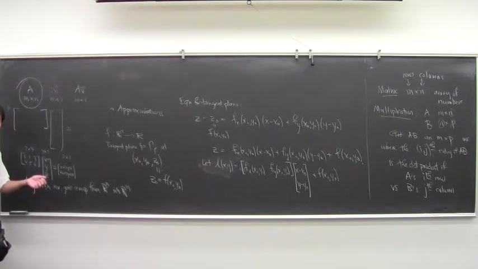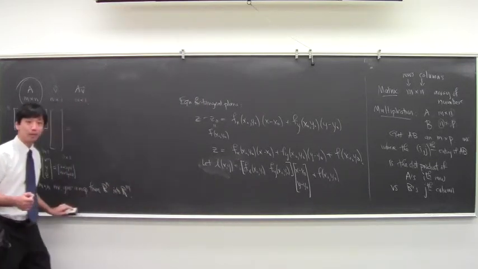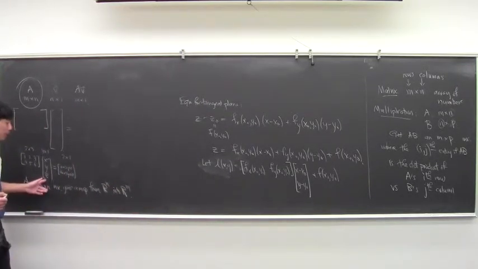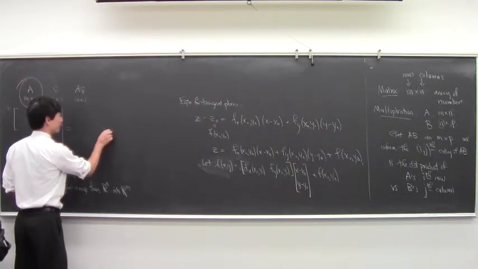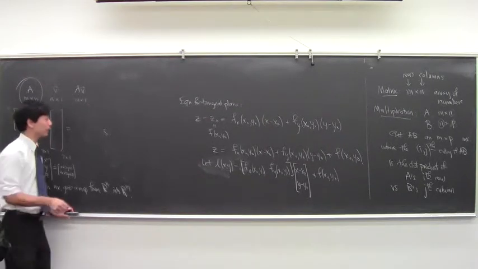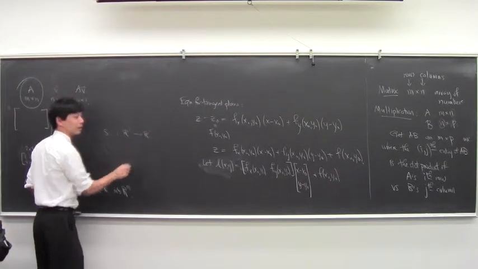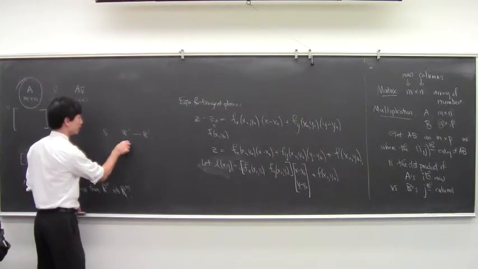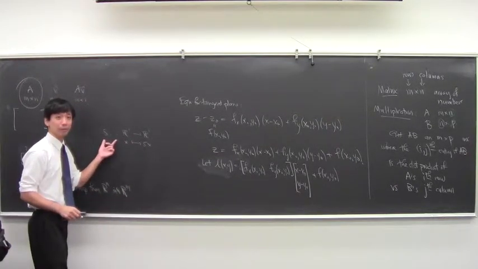Really okay? Melissa? So it gives you a map from here to here. And if I have a number 5, I can also think of it as a map from R1 to R1. Namely, it's the guy that takes things and multiplies them by 5.